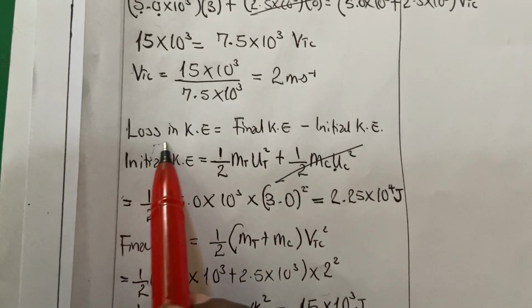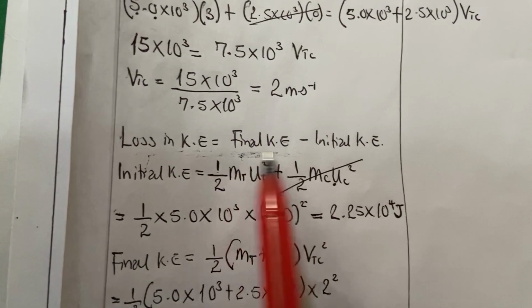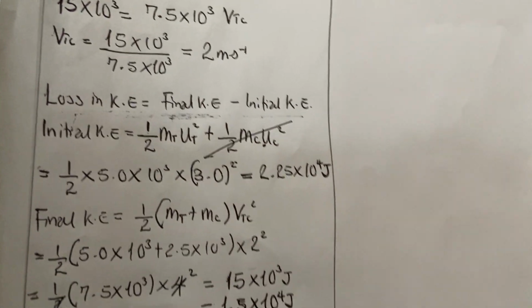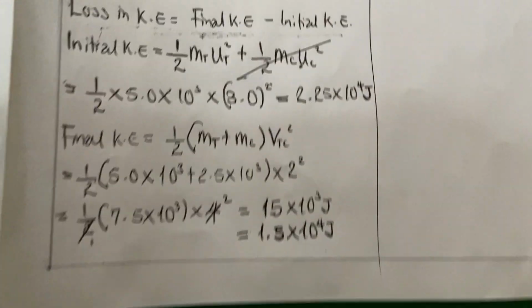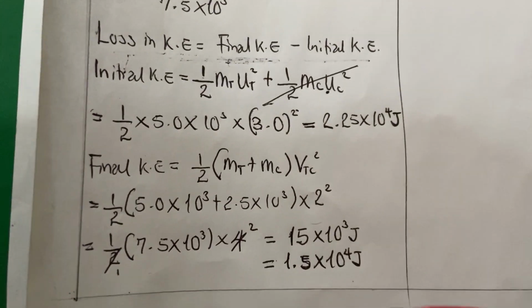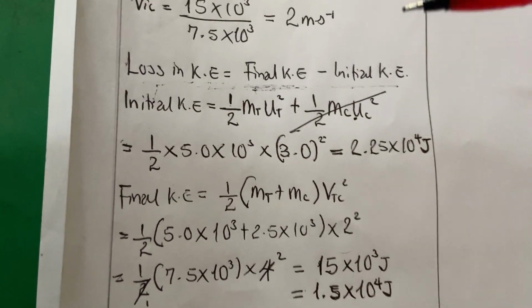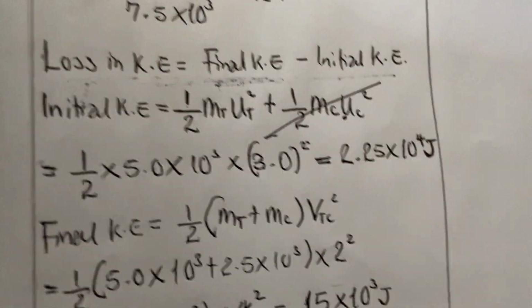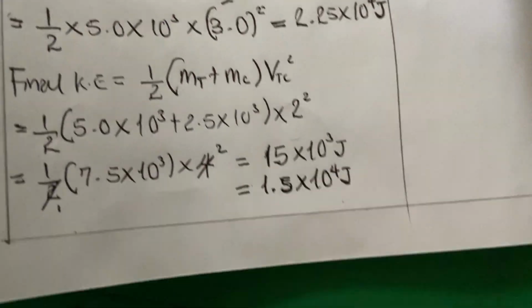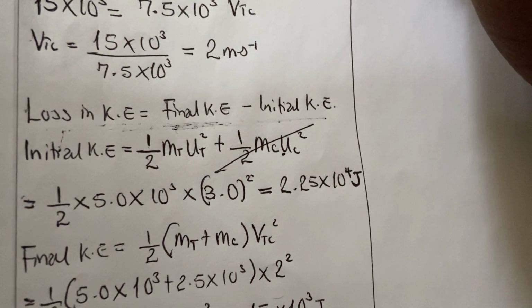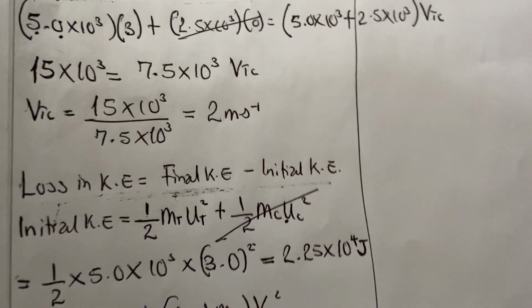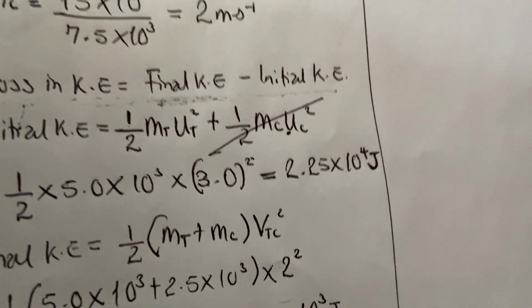Now that's not the final answer. We've said that the loss in kinetic energy is equal to the final kinetic energy minus the initial kinetic energy. This is actually an inelastic collision. Can you see that the kinetic energy after collision is less than the kinetic energy before collision? That justifies what we discussed when we were talking about inelastic and elastic collision. So this is a perfect example of inelastic collision.